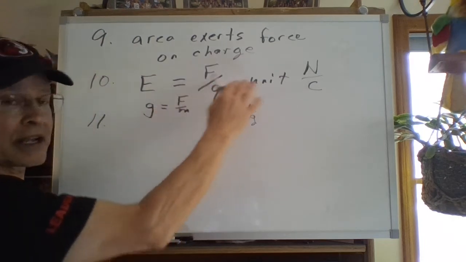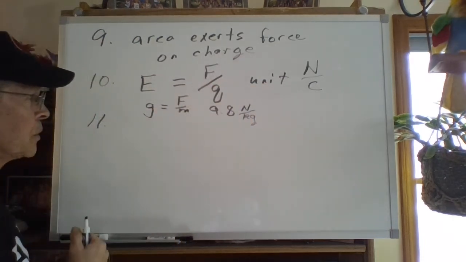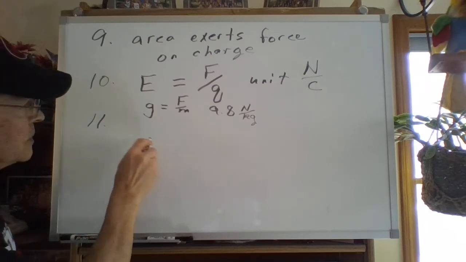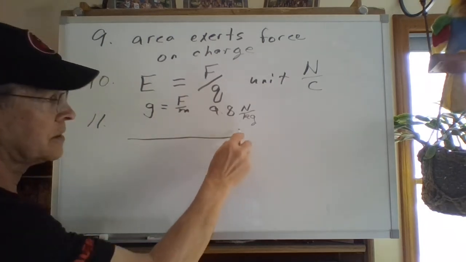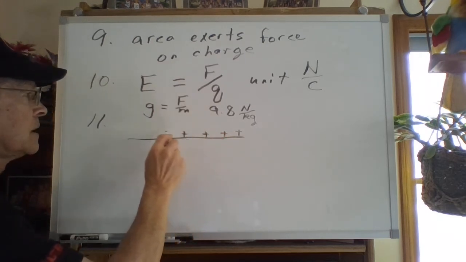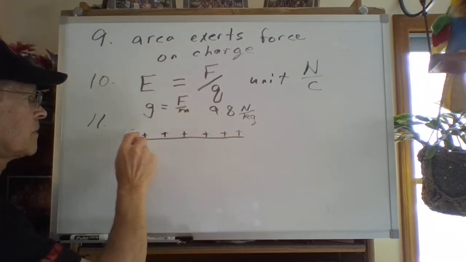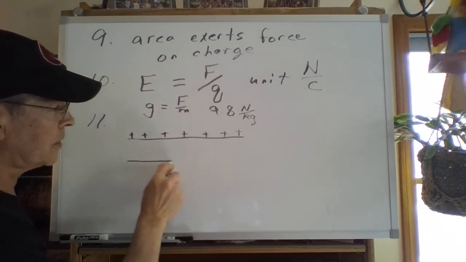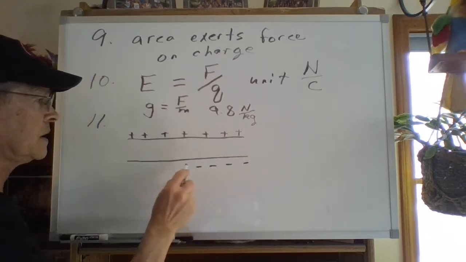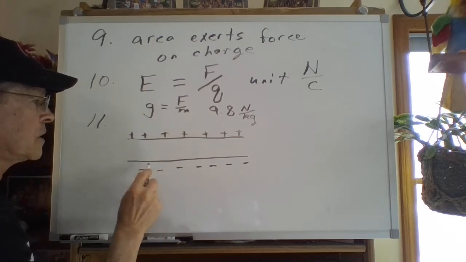Well, now we're talking about electric field intensity, newtons per coulomb. What if you had a positively charged plate like Millikan did? A bunch of positive charge on this plate, and negative charge on the plate below it. This is how he slowed down the electron.